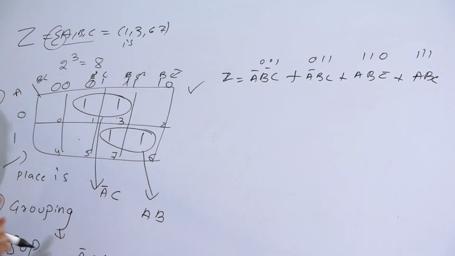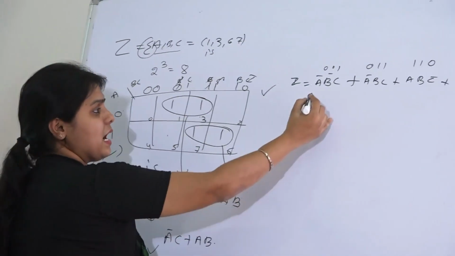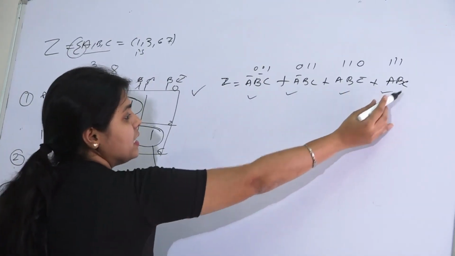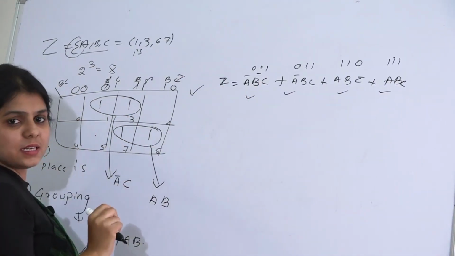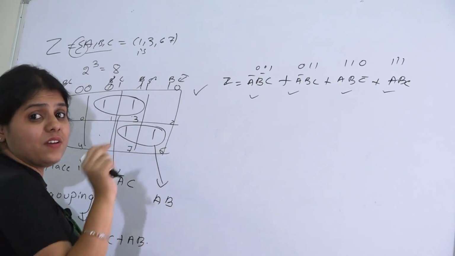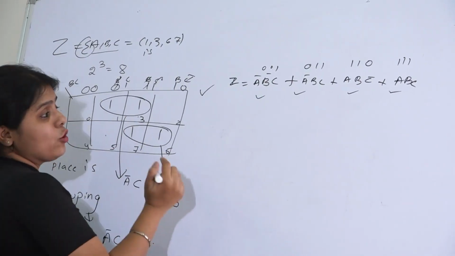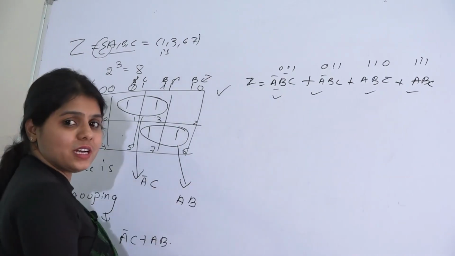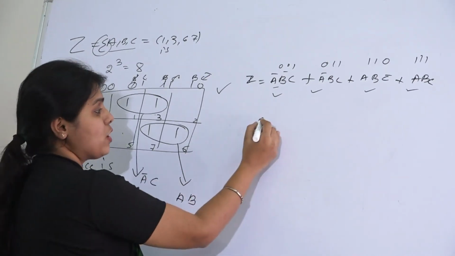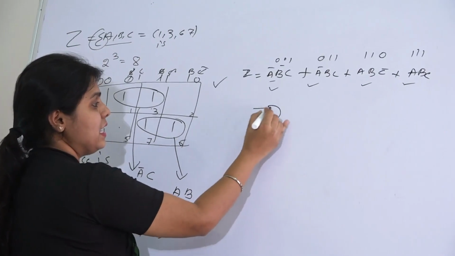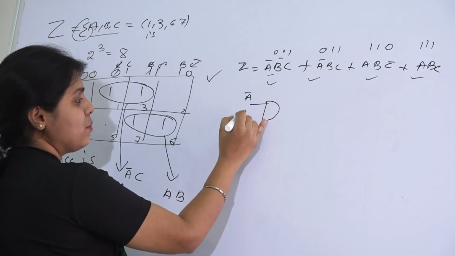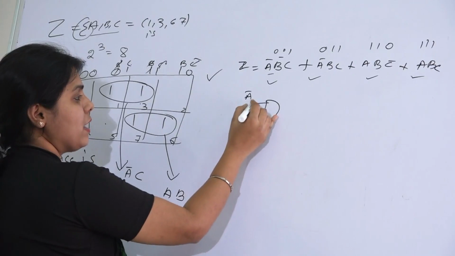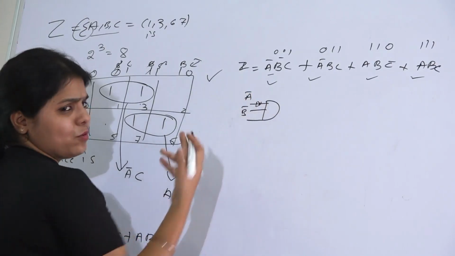Now the original expression had 4 terms of 3 variables. Now which logic gate is used for the multiplication operation, guys? AND gate. So I design one AND gate where I write a bar b bar c, or I can take a input and take inverters also.